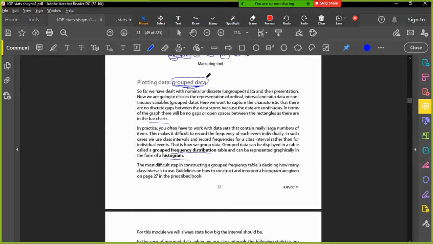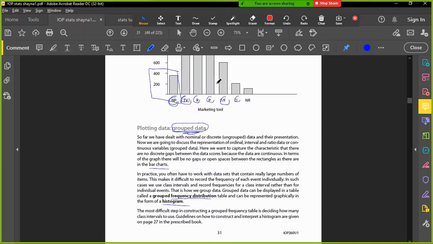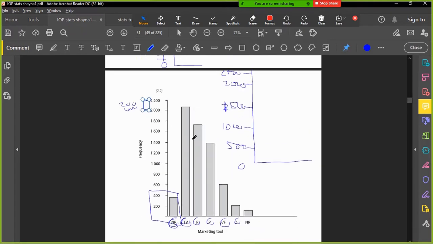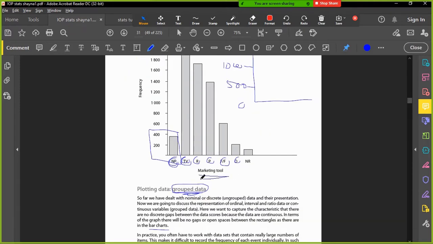But when you've got grouped data, for example, let's talk about provinces. If it's grouped, you could have marketing tools and you could apply that to Eastern Cape and then Gauteng and then KwaZulu Natal.